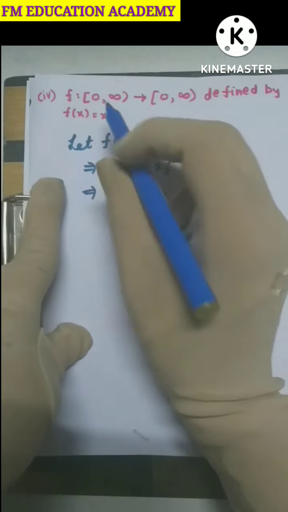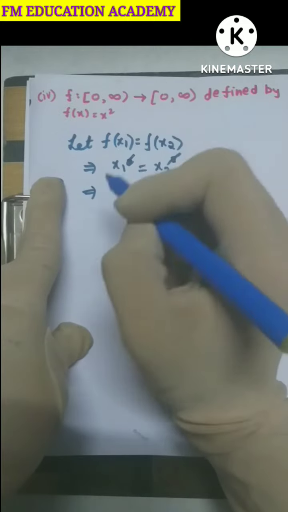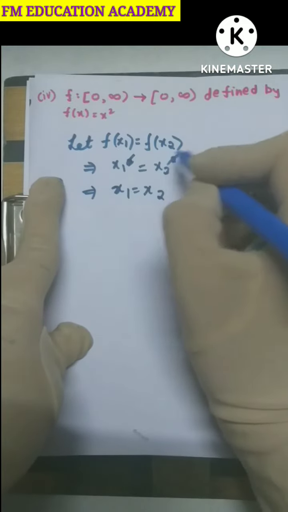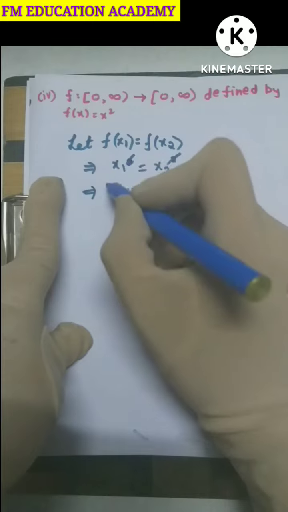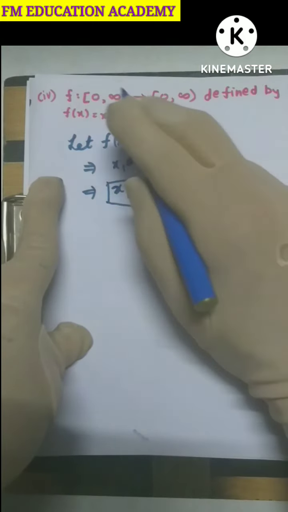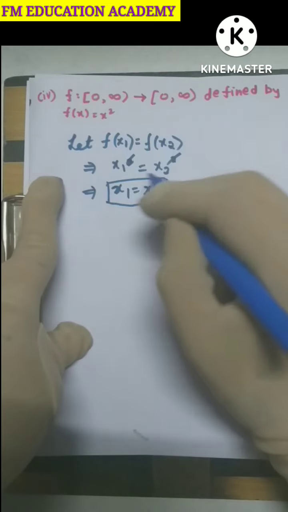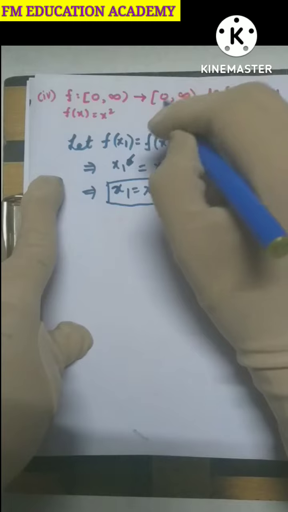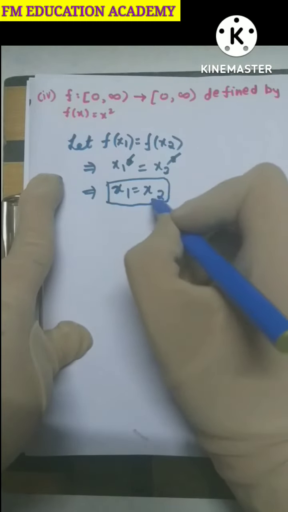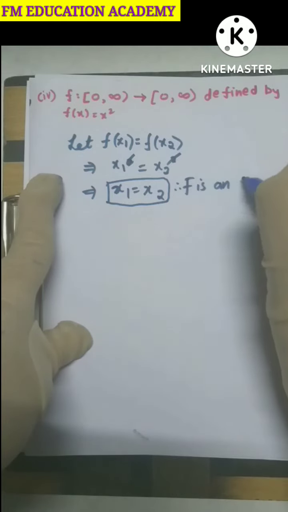Even though we had a function of x square, since they were positive values, they didn't become negative, and we got x1 is equal to x2. Suppose if it were not positive values, then x1 would not be equal to x2, but here they are 0 comma infinity. So since we have got x1 is equal to x2, we can say f is an injection.